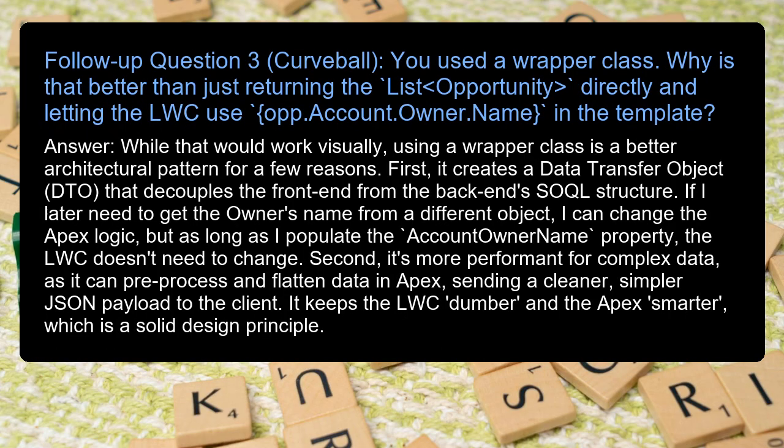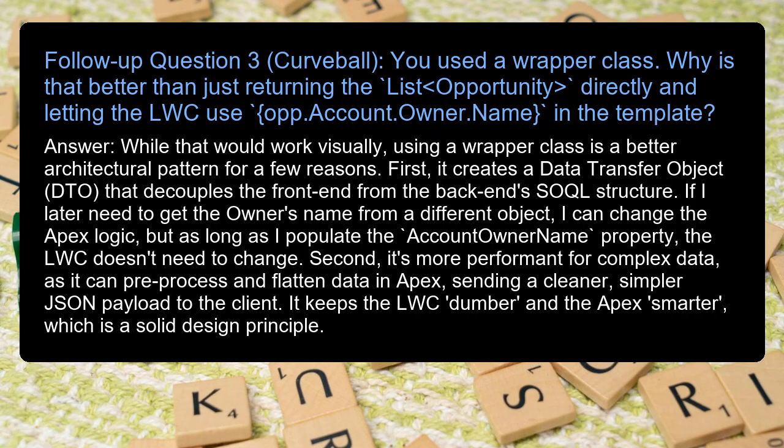Follow-up question 3, curveball: you used a wrapper class. Why is that better than just returning the List<Opportunity> directly and letting the LWC use op.account.owner.name in the template? Answer: while that would work visually, using a wrapper class is a better architectural pattern for a few reasons. First, it creates a data transfer object, DTO, that decouples the front end from the back end's SOQL structure.